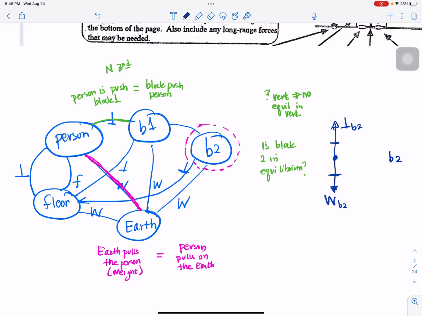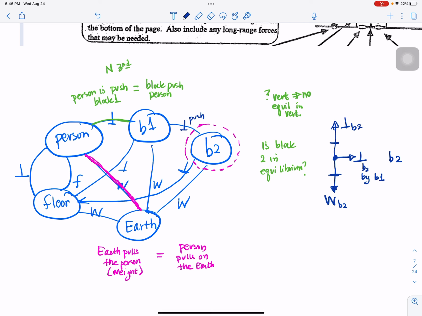Okay, now I only have one more force, and this is the push or the perpendicular force. Block 1 is pushing block 2 forward. So this is the perpendicular force on block 2, and we can say by block 1.